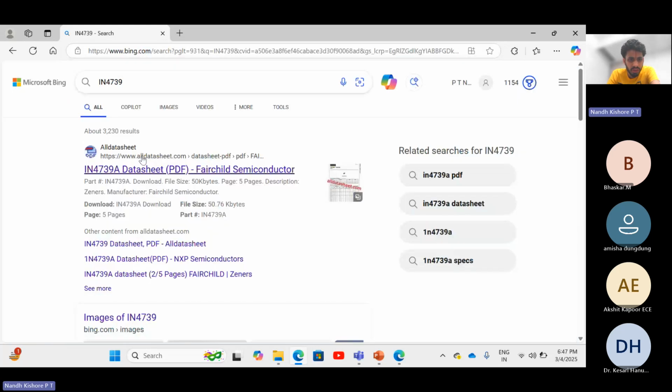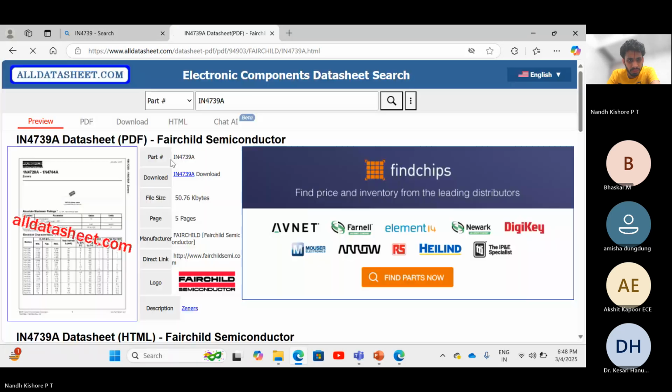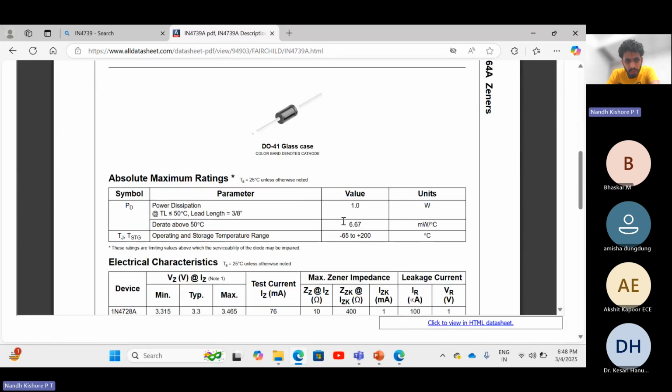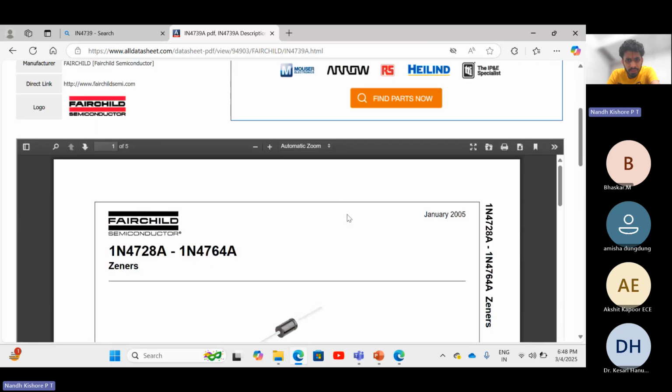Right. So it's a diode from Fairchild, and you go over here, they have given the dissipation as 1 watt.